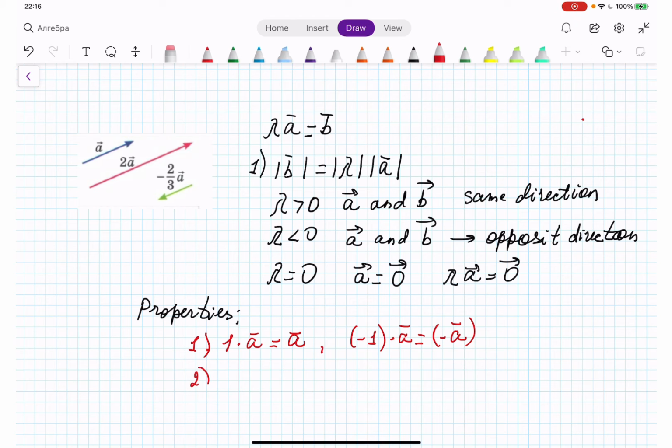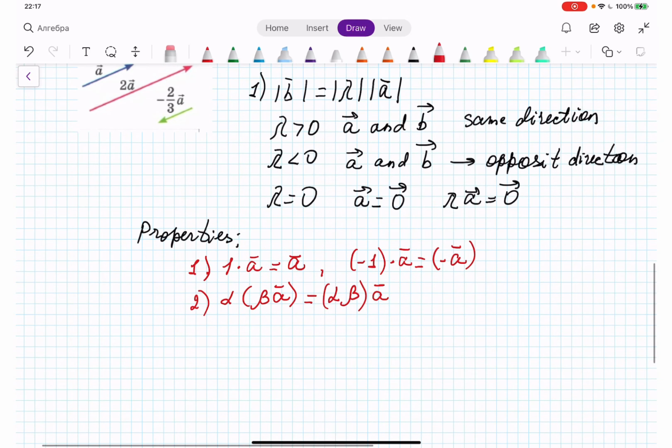Number 2: if we have alpha times beta times vector A, this is going to be equal to alpha beta multiplied, both of them scalars, times vector A. Number 3: alpha plus beta multiplied by vector A is equal to alpha vector A plus beta vector A.